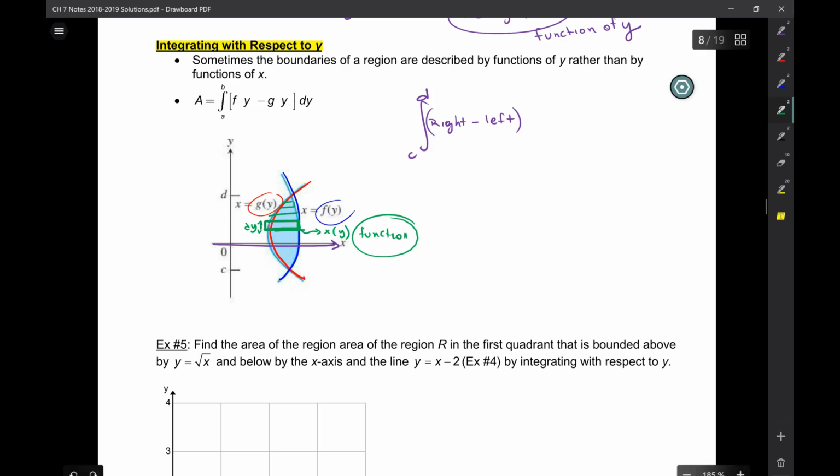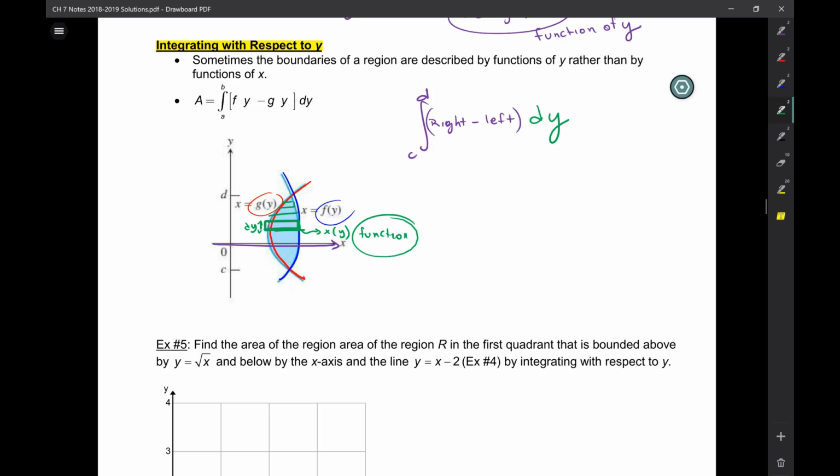Because I'm adding rectangles along the y-axis, it's no longer dx, it's now dy. This is the biggest change here. So when it's right to left, you're adding rectangles this way, so it goes with dy.